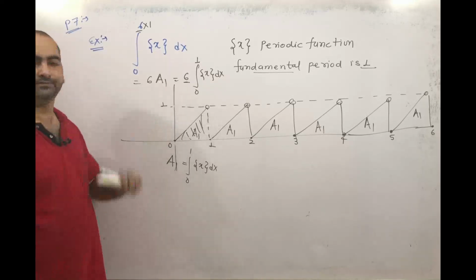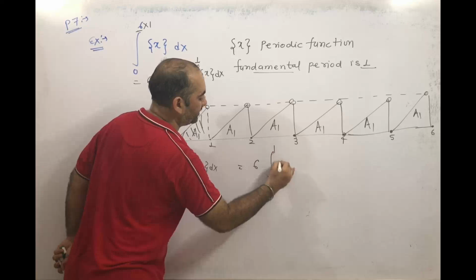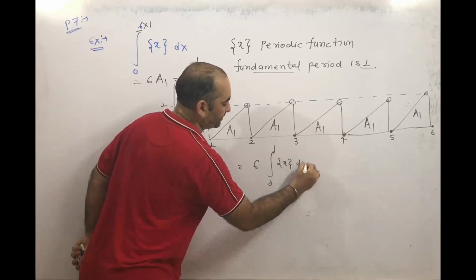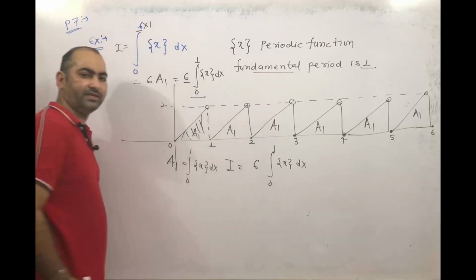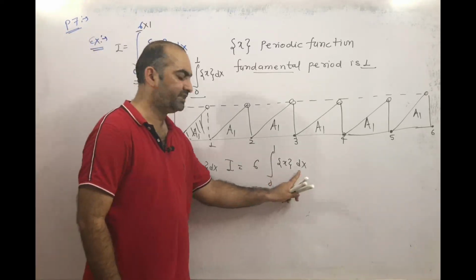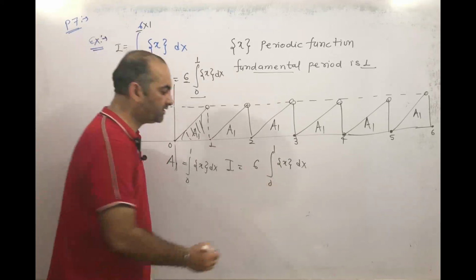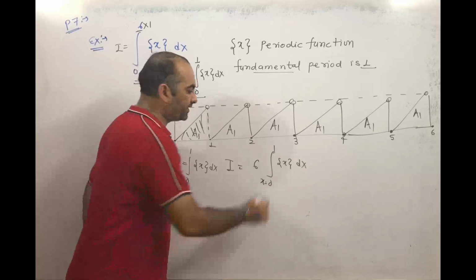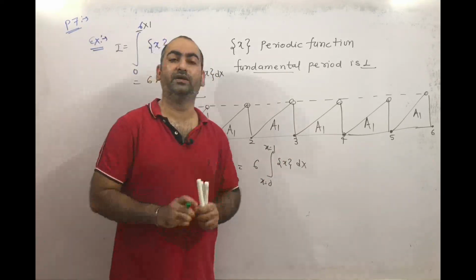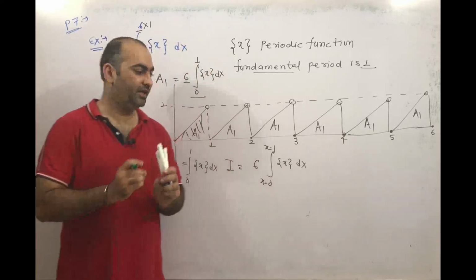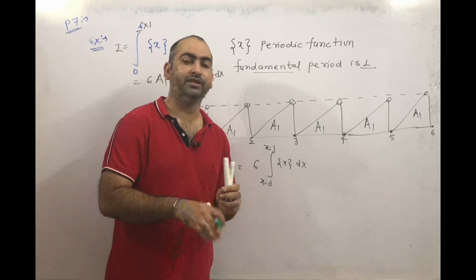Now how to integrate? This will come 6 times integration 0 to 1 fractional part of x dx. This one we take as I, so I equals 6 times 0 to 1 fractional part of x dx. Now here x varies from 0 to 1, that is x equal to 0 to x equal to 1. So the fractional part between 0 and 1 is x only, because whatever value we take between 0 and 1, the same value will come.